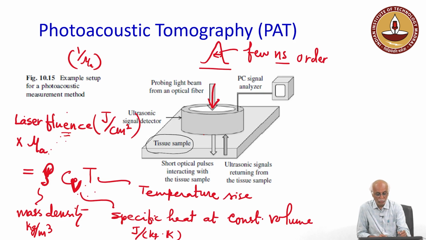Now, I already explained to you, a short pulse laser comes and interacts with, let us say, this tissue structure, and heating takes place. Of course, part of that light may get transmitted, the small part which is not getting absorbed, so the intensity will reduce, and it may not be large enough to generate a significant temperature rise.